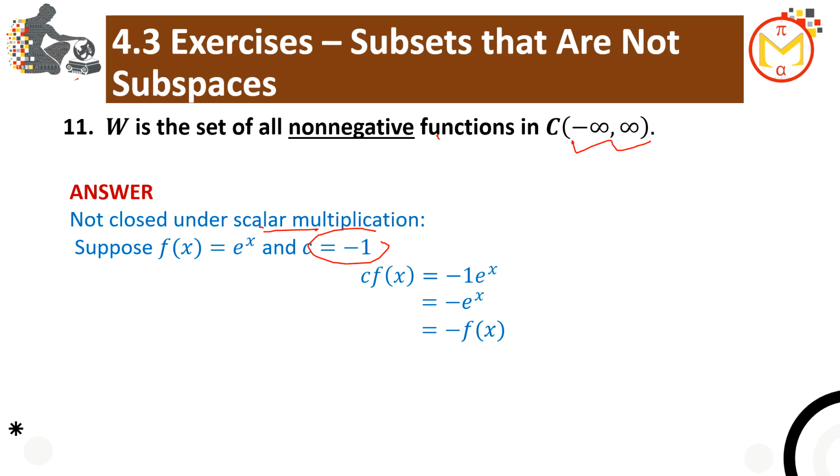Remember the notation, and e is a continuous function. Then, if I multiply that with a negative scalar, what will happen to the function? It will now become negative. So, it says here non-negative, so it's not a subspace.